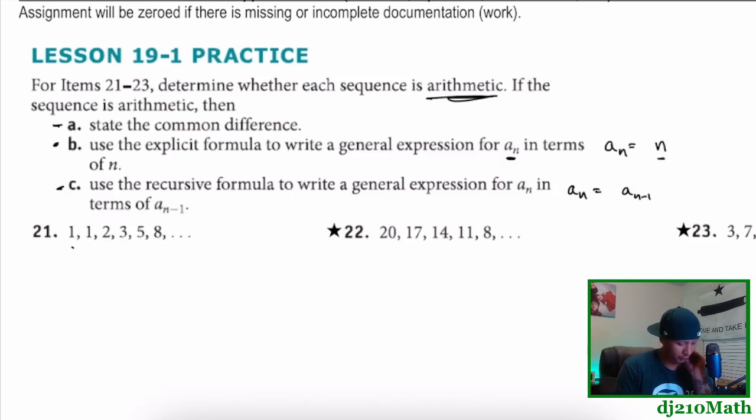Well, from 1 to 1, there's not at all. So this is not arithmetic, and we're only concerned with arithmetic sequences. This one is actually the Fibonacci sequence, which we'll talk about in a later video probably. So 21, can't do anything with it.